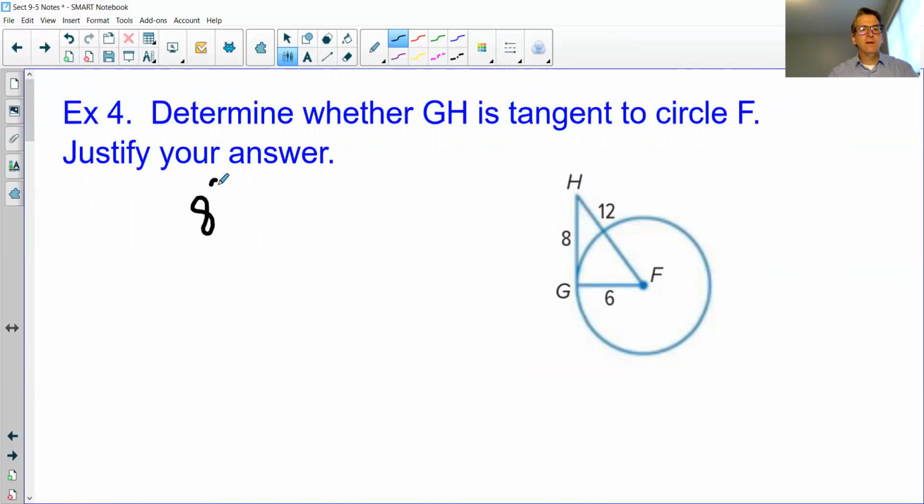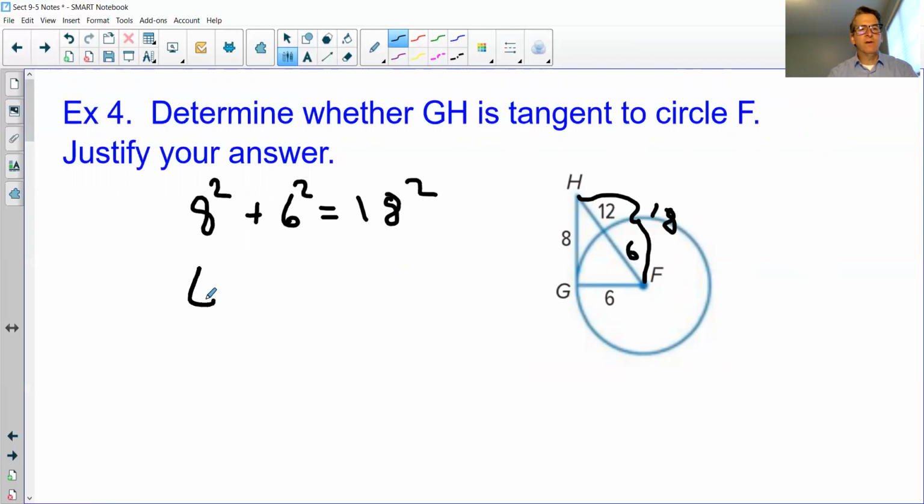So we're checking to see if 8 squared plus the radius here of 6 squared is equal to, we have ourselves 12, this little section's 12, but then we have a 6 of the radius. This is 18. So this is 18 all the way across. So we're checking to see if that is 18 squared.